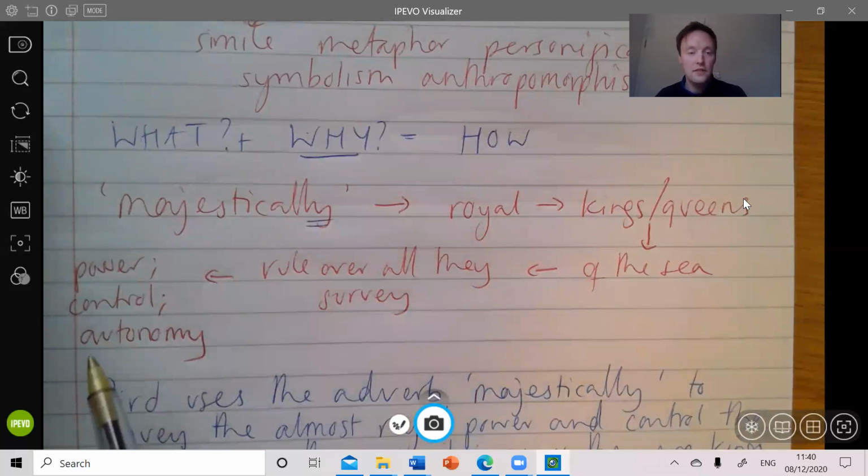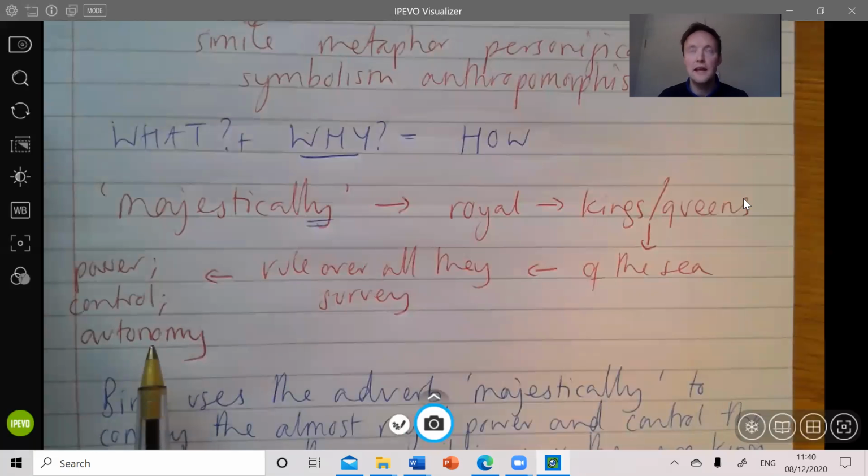If I take that a step further, then there's this rather strange description of how these surfers are almost in control of the natural world itself. How a man on a flimsy piece of wood, or a comparatively flimsy piece of wood, is in control of the seas themselves. And maybe this is because the word majestically implies the otherworldly nature of being a monarch.